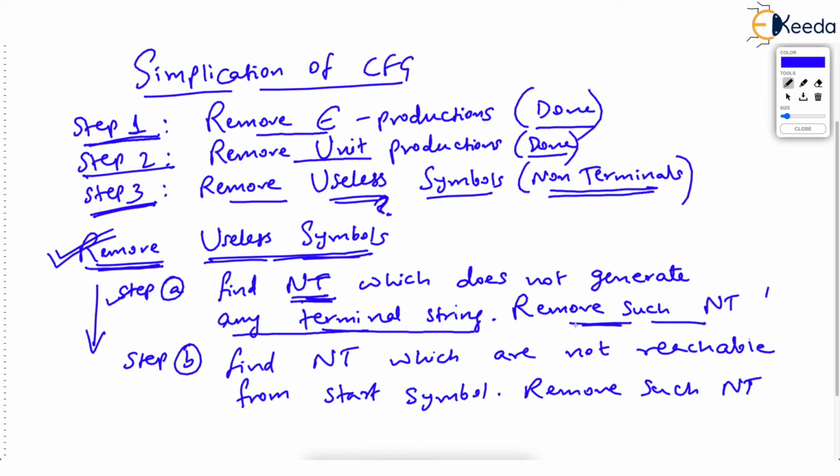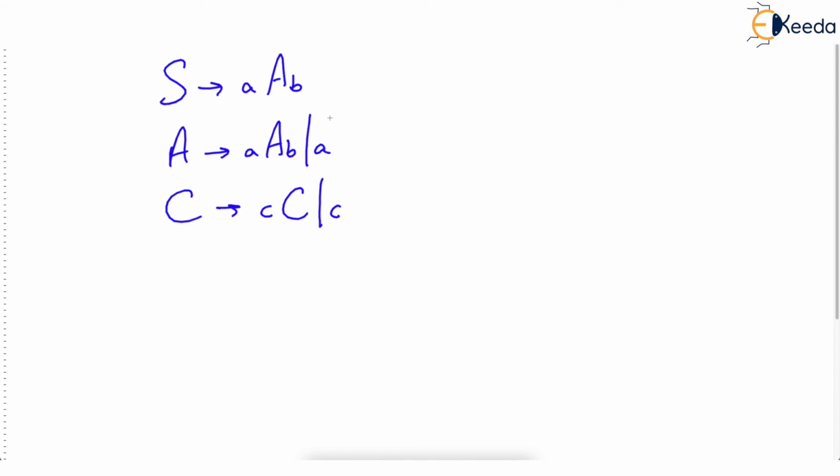We have removed it. But there is step B. This is so interesting. You watch. Step B is, after running step A, find non-terminals which are not reachable from the start symbol. First of all, you observe this new grammar that we have got. And you will ask, what is C doing here? Because if any derivation starts from S, it's only going to give us AAB.